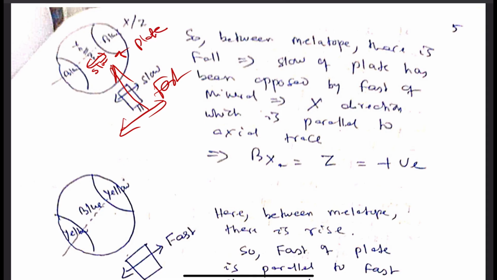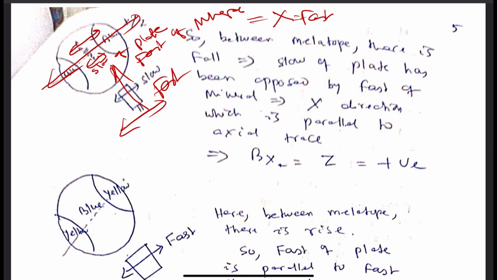So in the mineral, this direction will be fast. This is the fast of the mineral, parallel to the XZ plane. So it is X, since fast means X. So perpendicular to it will be Z. So Z is the BXA, that is positive.